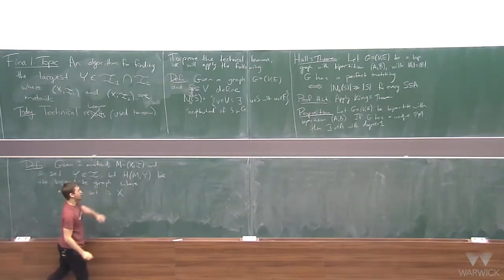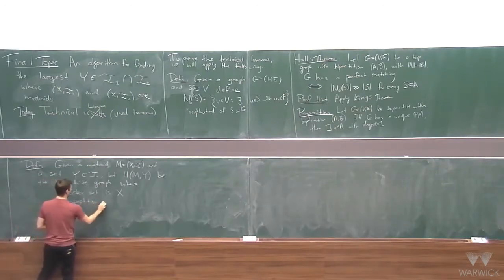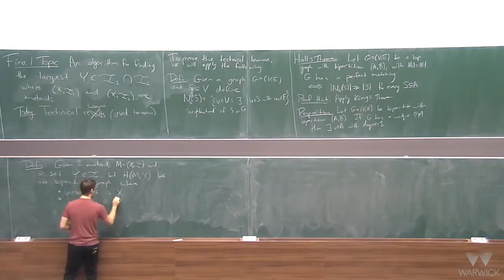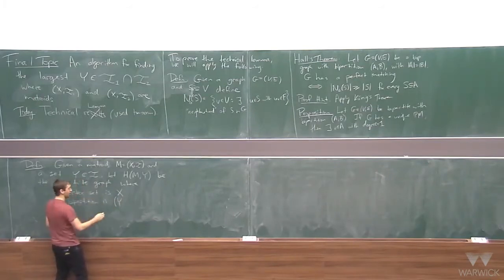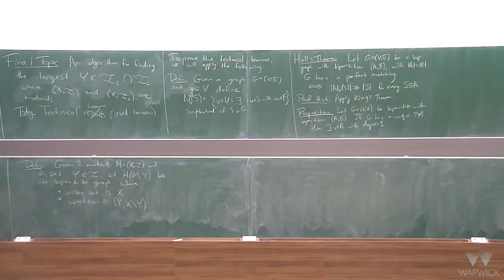It's a bipartite graph, so the bipartition is: on one side you have the set Y, on the other side you have everything that's not in Y. And now I have to tell you how the edges work. For y and x, y is on the left side of the bipartite graph, x is on the right side.